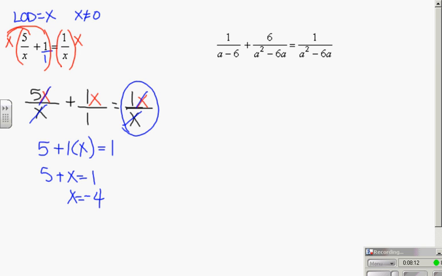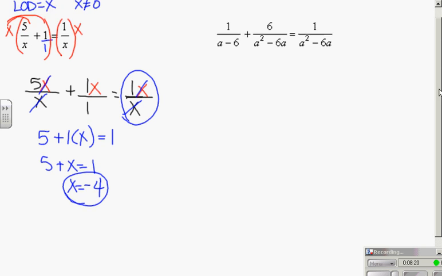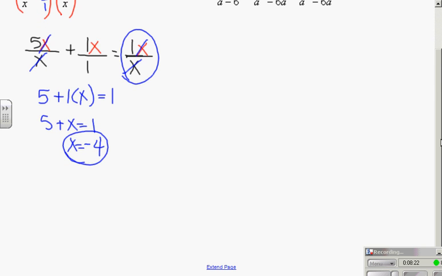Subtract 5 from both sides. X is negative 4. Check my restrictions. And that answer is valid. If I wanted to check my work, what I would do is I would put 5 over negative 4 plus 1 over 1.